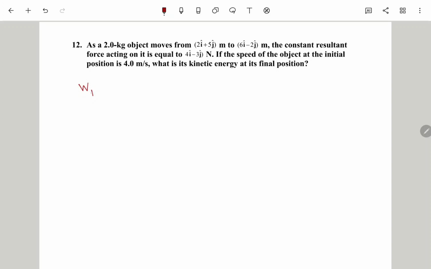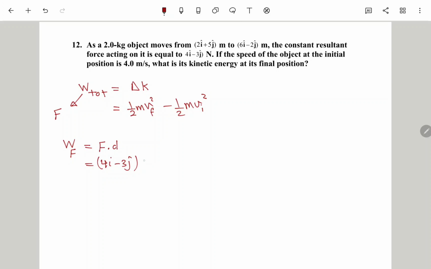Again, work total equal to delta K, which is half m v final squared minus half m v initial squared, and the only force creating work in this case is just F. So work from F is equal to F dot D, where F is 4i minus 3j, and D in this case is equal to 6 minus 2 for i, and minus 2 minus 5, which is minus 7, for j.